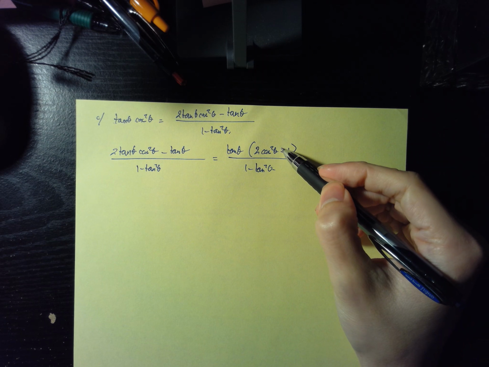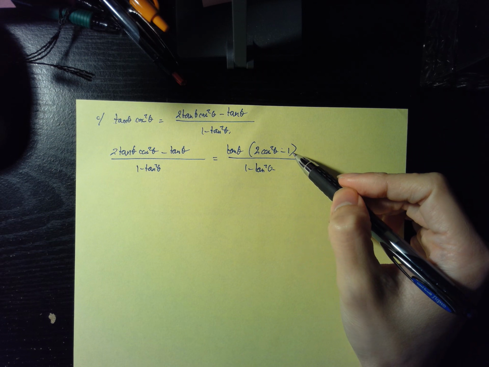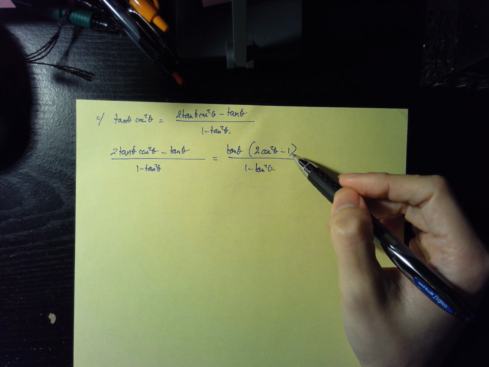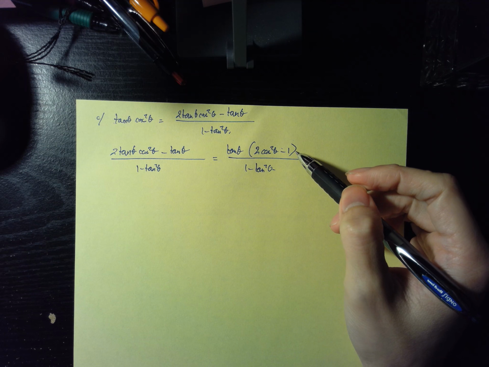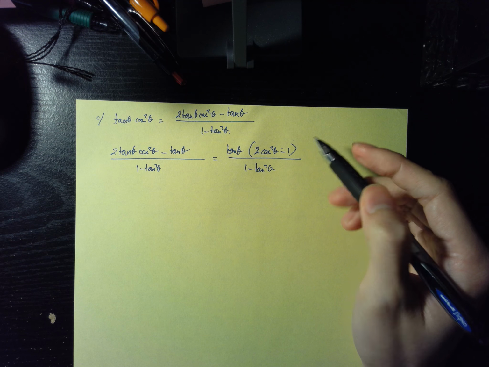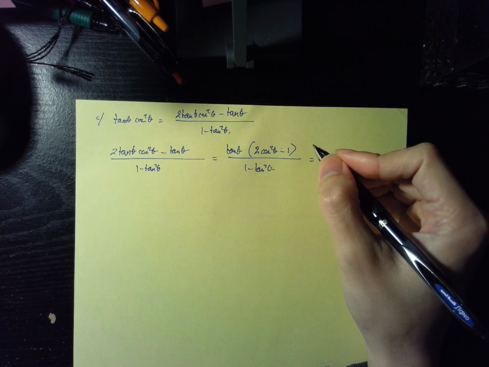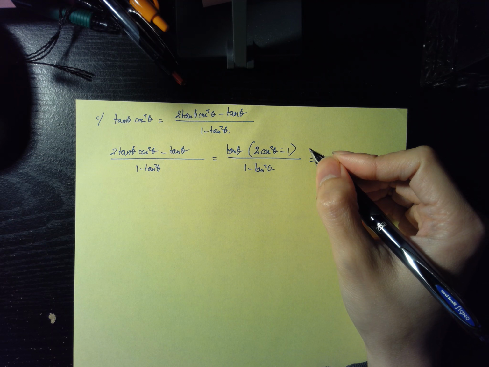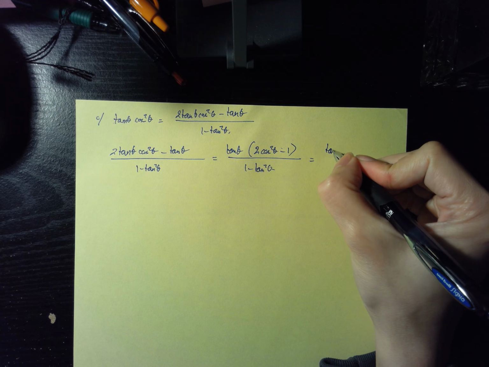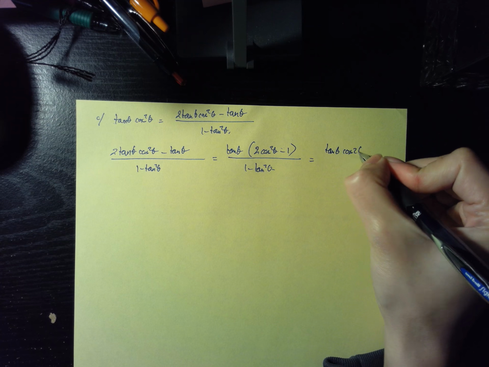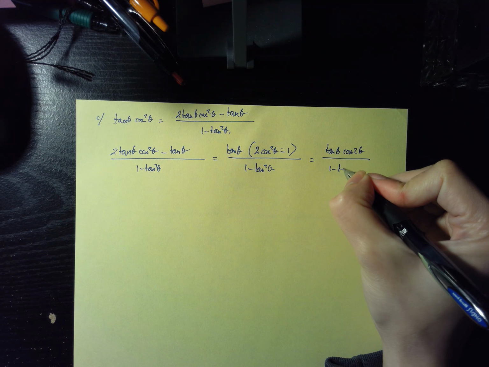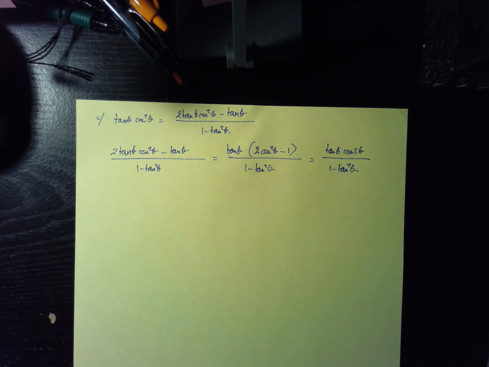And this is a formula. This part right here, cosine 2 theta is 2 cosine square theta minus 1 equal to 1 minus 2 sine square theta. Okay, so this gives you tangent theta cosine 2 theta over 1 minus tangent square theta.